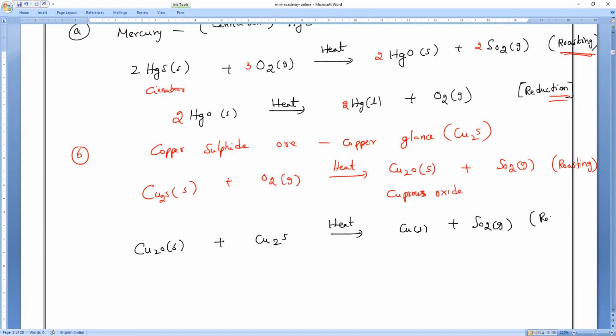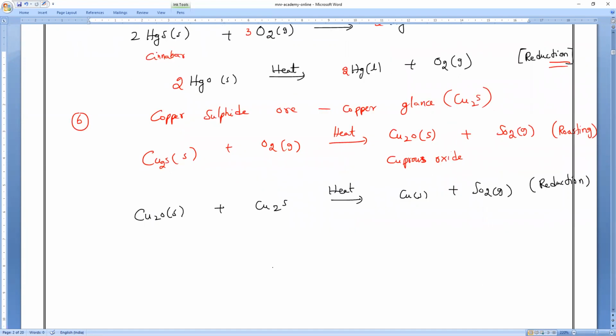So this is the process we used to call as what? Reduction. So balance it, anybody? Balance these equations, please, all of you.